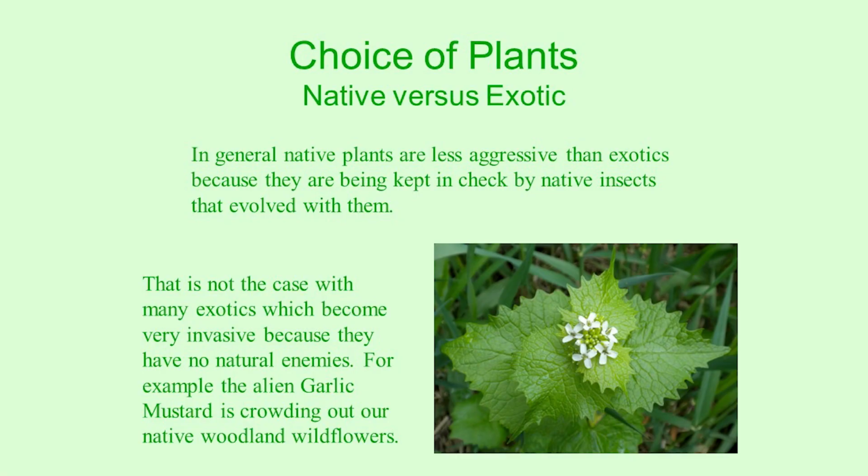Also, in general, native plants are less aggressive than the exotics because they're being kept in check by the native insects that have evolved with them. That is not the case with many of the exotics, which have become very invasive because they have no natural enemies. For example, the alien garlic mustard is crowding out our native woodland wildflowers and needs to be controlled.